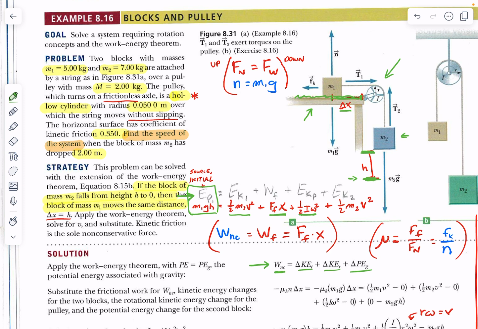It has rotational inertia. That's 1/2 I omega squared. And the block itself is going to have some kinetic energy when it reaches its stopping point, where it gets blocked by the clamp on the pulley or whatever. So we've got all of that energy going into 1, 2, 3, 4 different places.